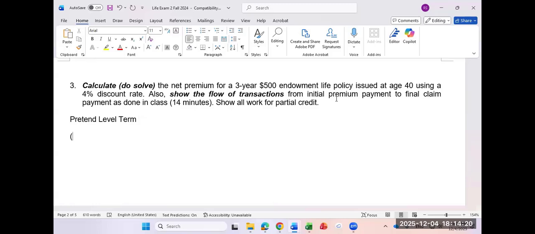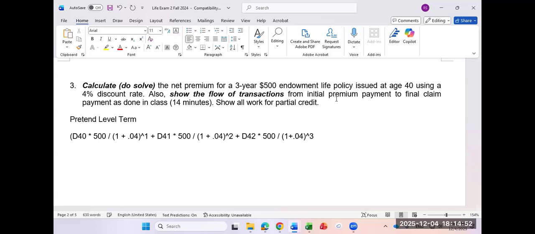Start with what? D40. What's the face? 500, not much of a policy, right? 1 plus, what's our rate? 4%. Raise to the first. D41 times 500 divided by 1 plus 0.04 raised to the second plus D42 times 500 divided by 1 plus 0.04 raised to the third.